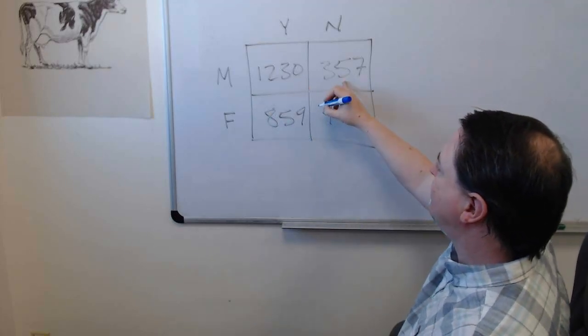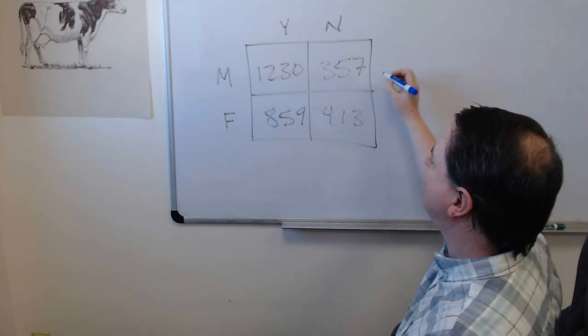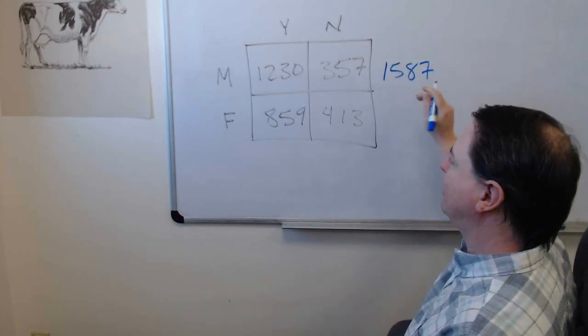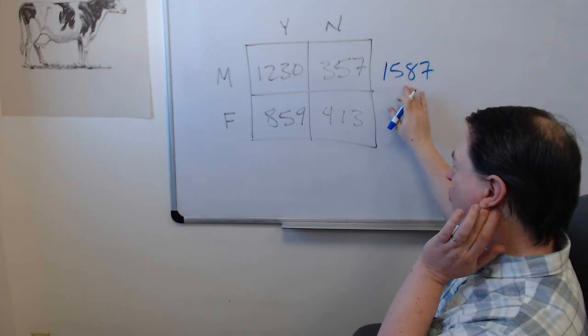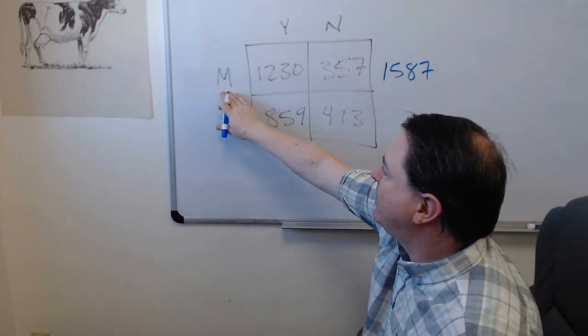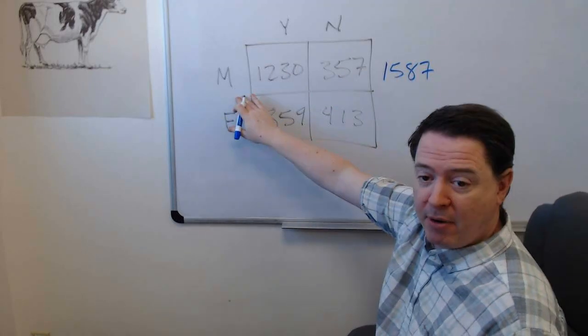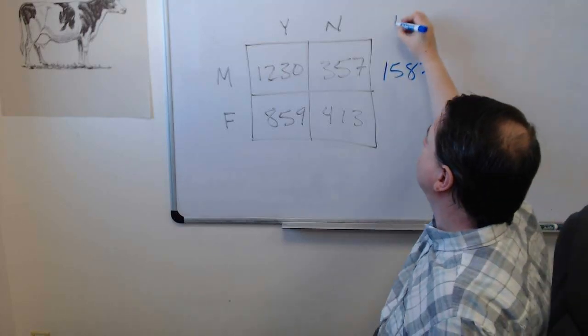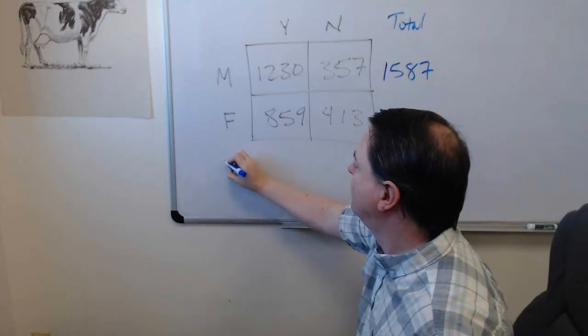So 1,230 plus 357, that's 1,587. Before I move on though, what is that? That's the total number of people that marked that they were male. So let me put that here, total.